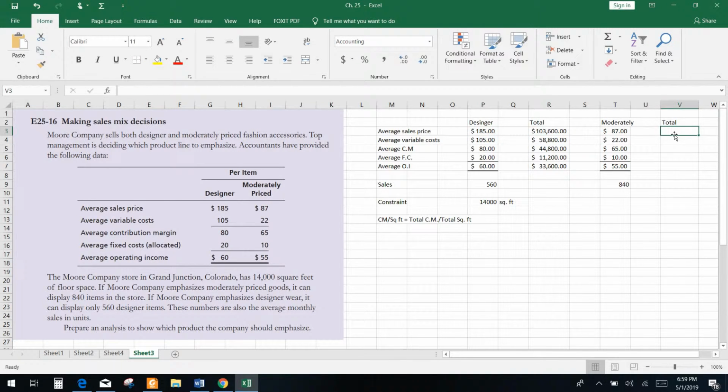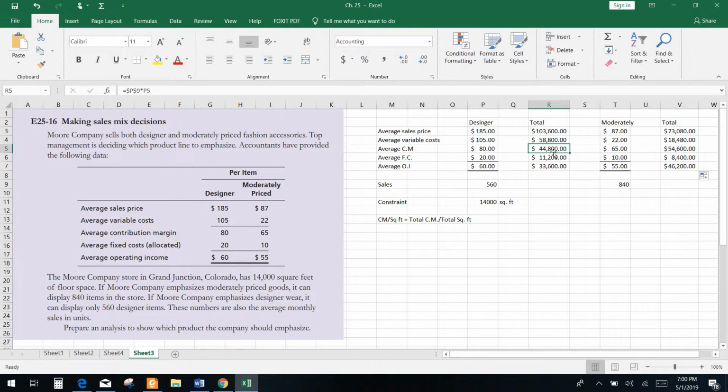And I'll do the same thing over here. Equals this, press F4 to lock the cell. Multiply times, press enter, and then just drag this down. Okay, so now we have the total contribution margin.